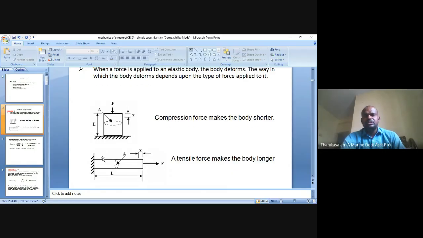You see this horizontal body, metal body or wooden body. One end is fixed, the other end is free. We are pulling the body with a force. This force is called a tensile force. It makes the body longer.